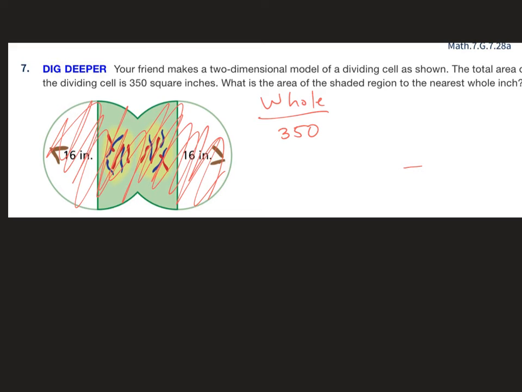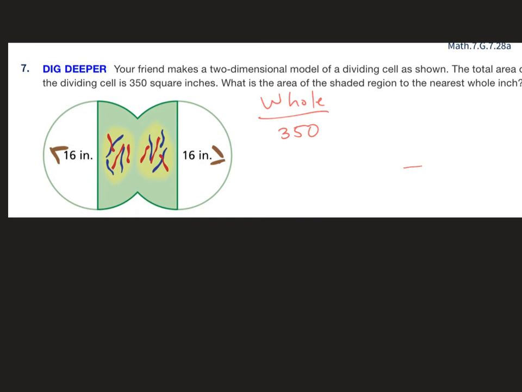First of all, we need to erase this. We need to take the whole and get rid of the white parts. The white part in the middle is no real shape. It's not a semicircle, not a whole circle, not a square. It's not a shape that we have a formula for.